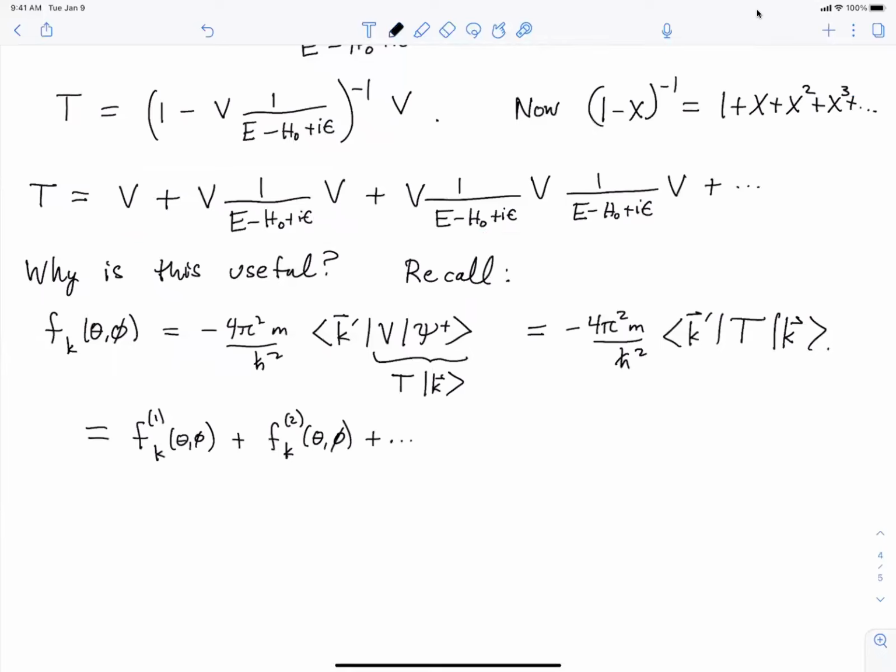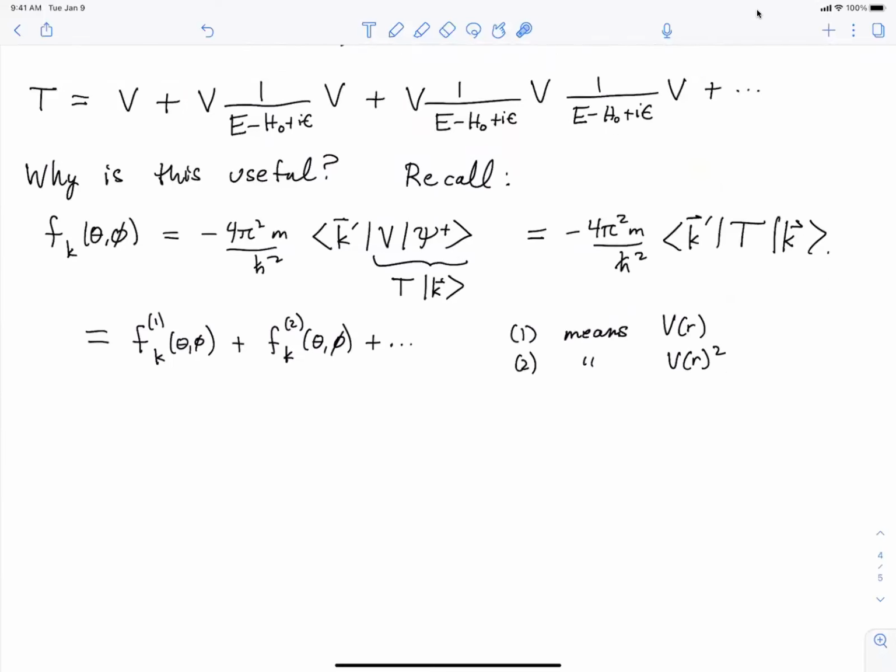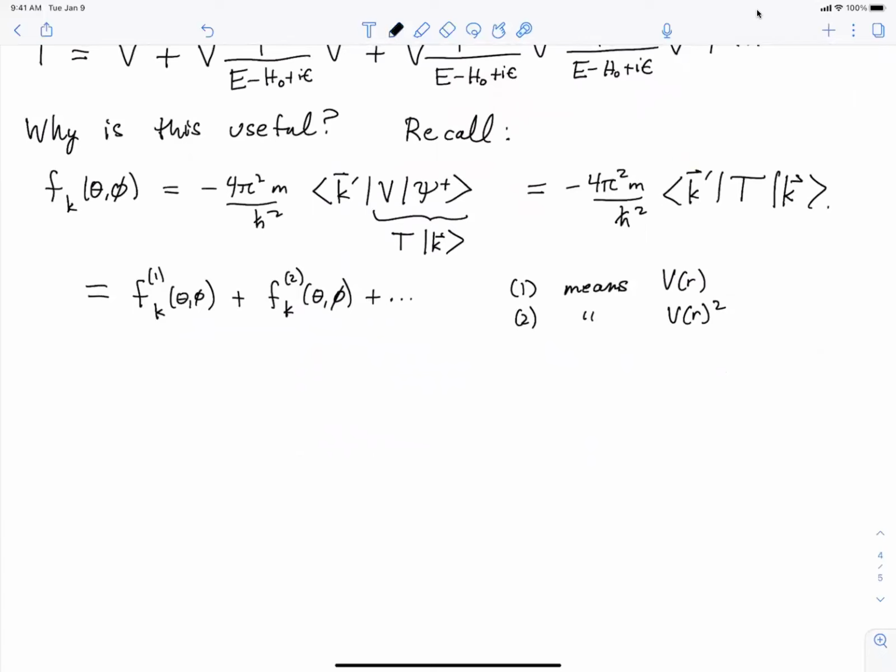And the number up top, so 1 means that you have one potential in it, and 2 means you have two potentials, right? That will be this term. And the f3_k will have 3 potentials. That will be this term. Okay, and so in fact, now we can write down what each one of those is.